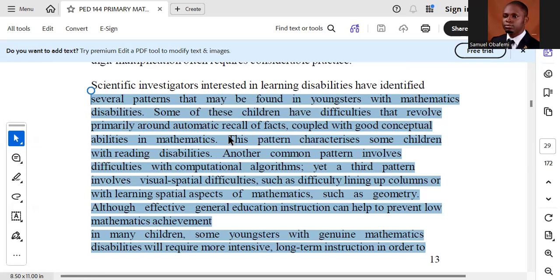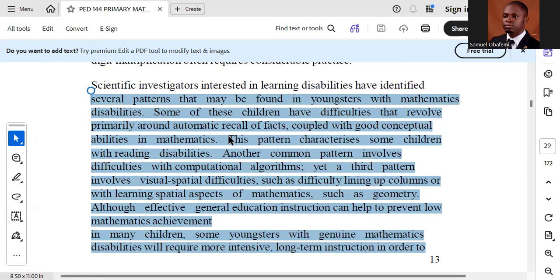Now let's take a very simple illustration to portray that. Think of mathematics like a staircase, and the child needs to climb up. You start from counting, then addition, then the child learns subtraction, then multiplication, division, fractions, and maybe finally algebra.